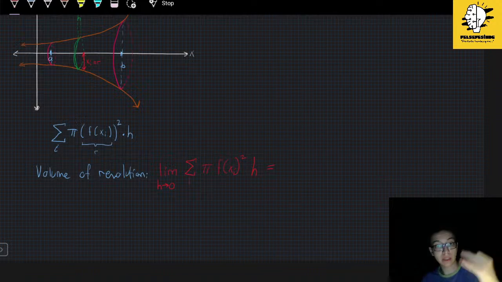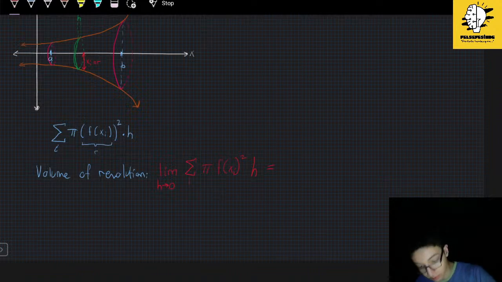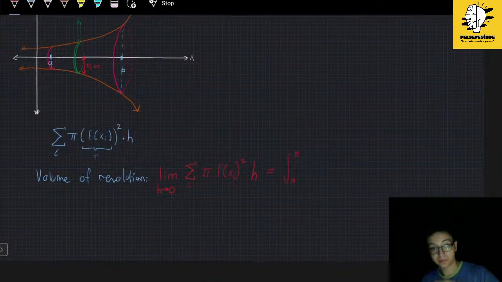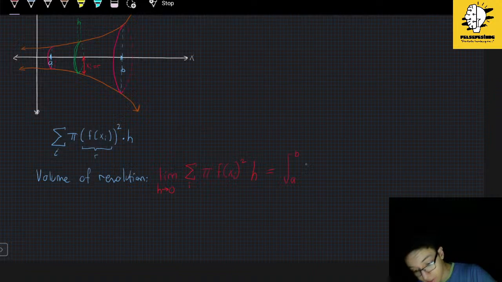When we are talking about the relationship between sigma and integral, if h is approaching 0, now I will say between b and a, my range, the volume for my range, pi, now I will say f(x) squared. Why do I say x?